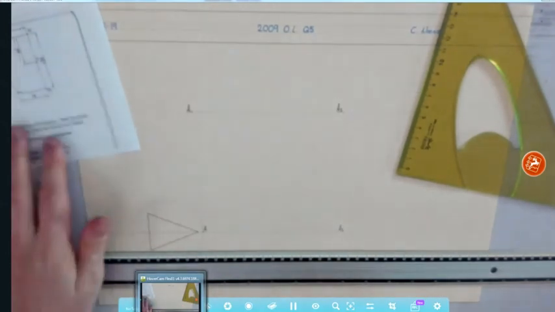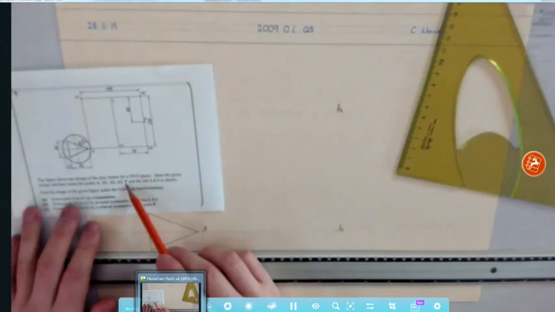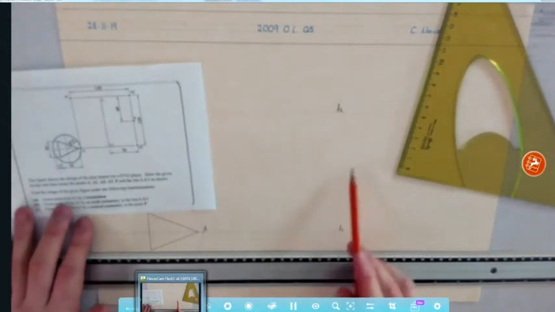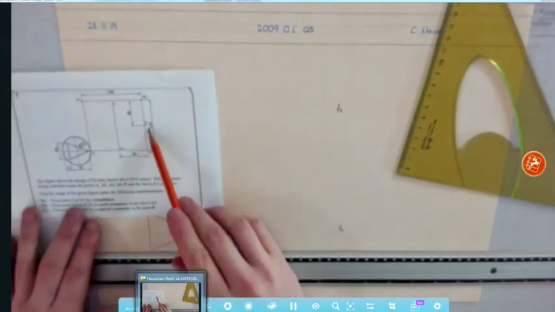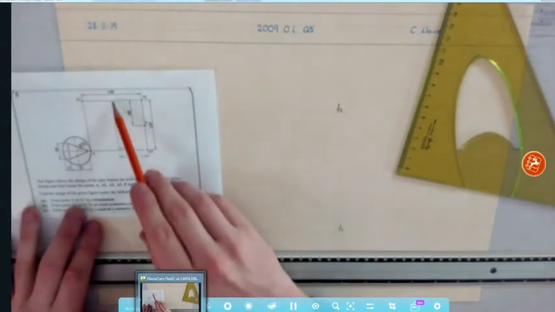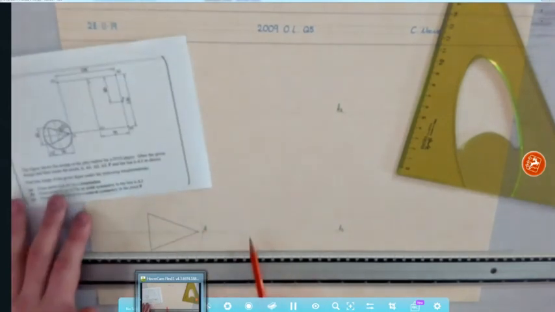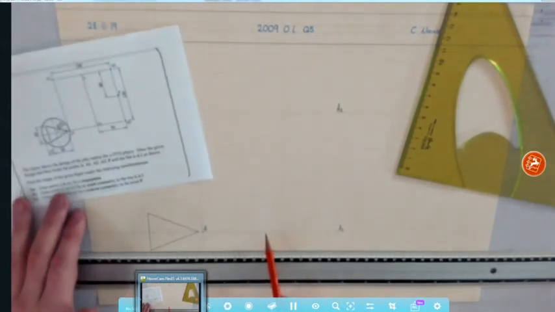Now, we are also asked to find point P, okay, which is 60 mil down here. Now we can measure that, or we can bisect that line, and we also have line L1, which is 70 mil in, which is also half this line. So we can either bisect that, or we can just measure in 70.